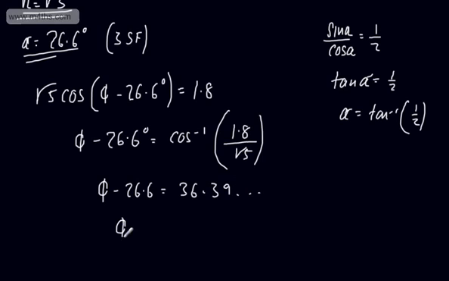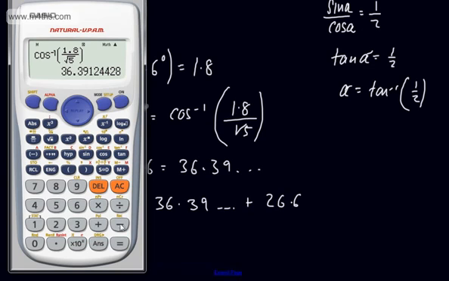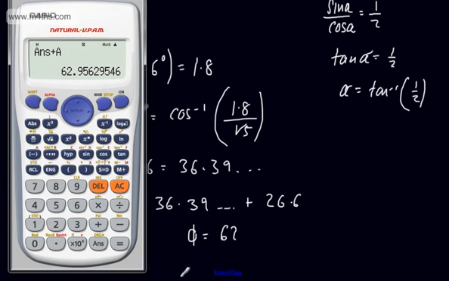So all I'm going to do now is add these two: 36.39 dot dot dot plus the calculator value I've got, which is 26.6, correct to 3 significant figures. Let's add the value of A. That's going to give me 62.95. So we can say that theta is going to be 62.95.